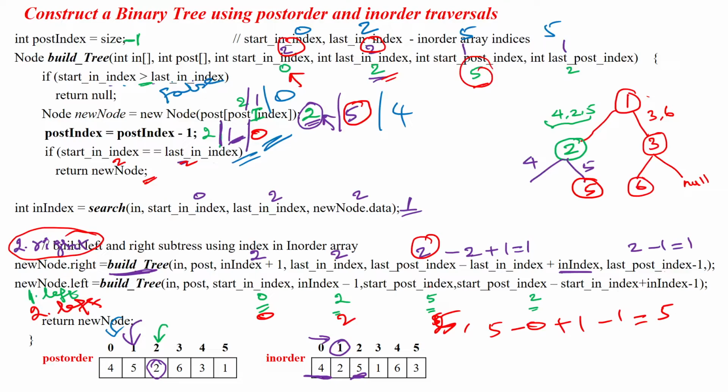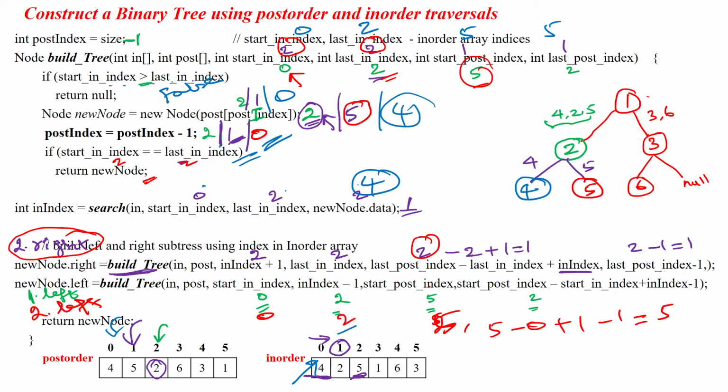Then we are checking 0 to 2, the new node is 4. We are searching that location, which is available in the 0th location, so the left side is not available. So here 4 will become the left side.